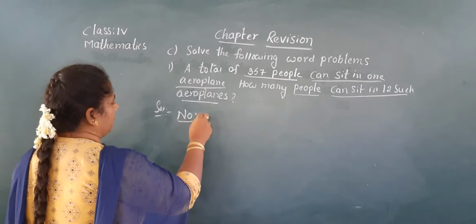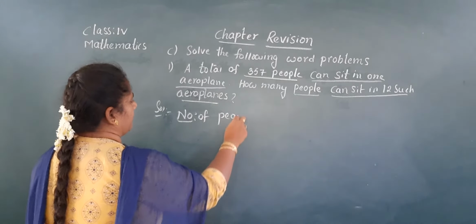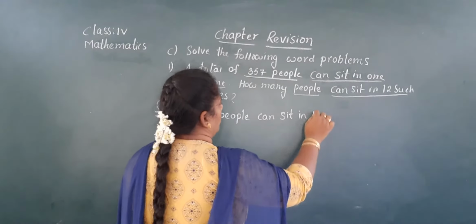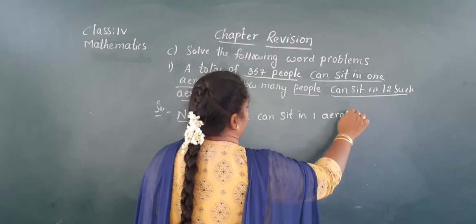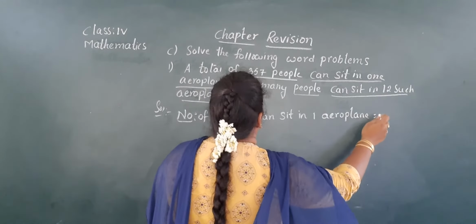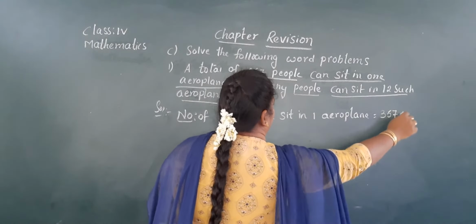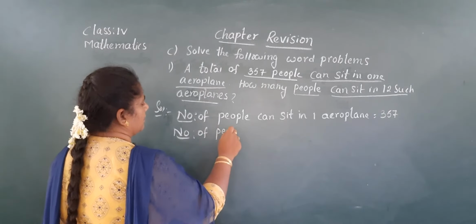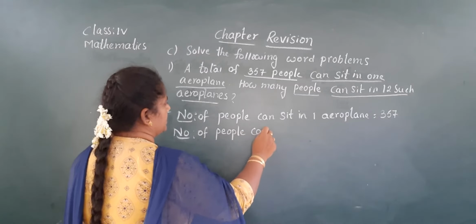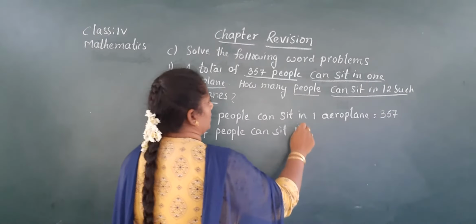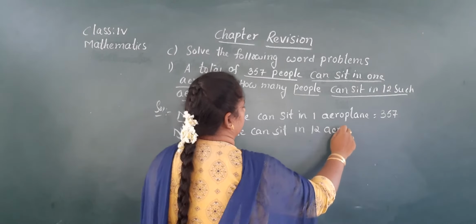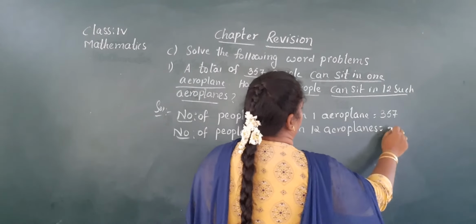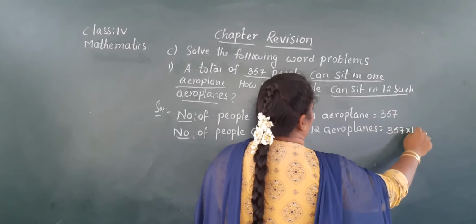Number of people can sit in one aeroplane equal to 357, and number of people can sit in 12 aeroplanes: 357 into 12.